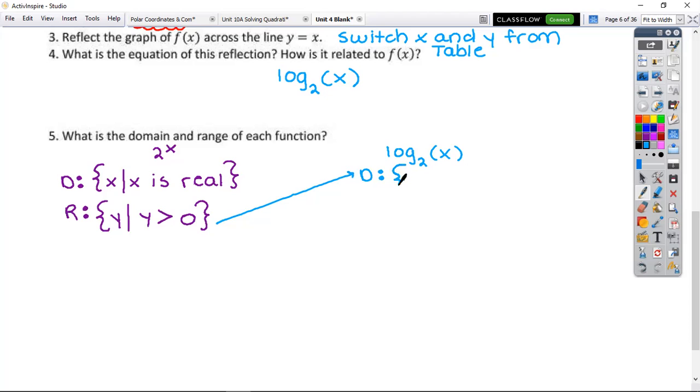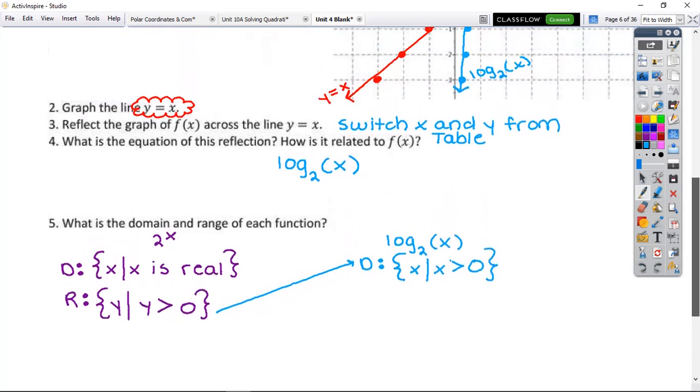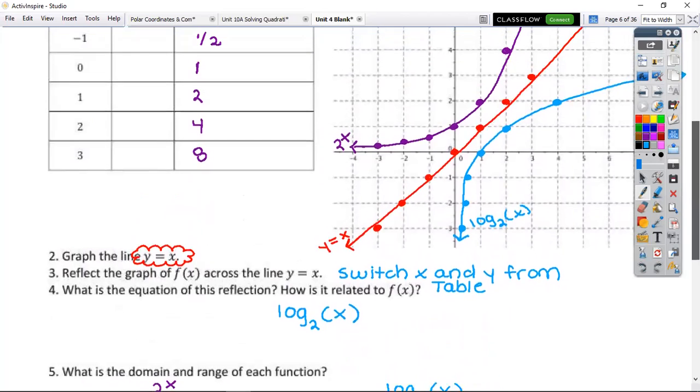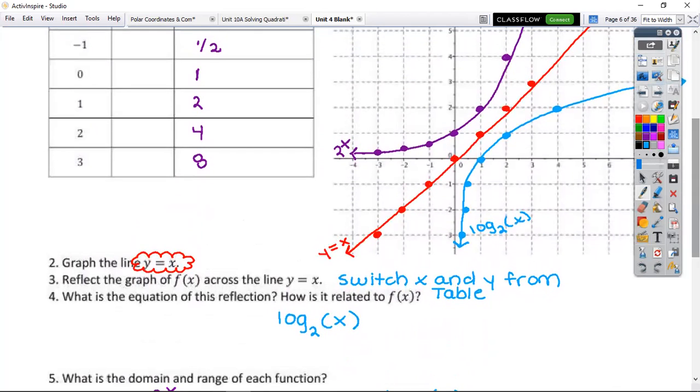And then we will confirm that on the graph. So my domain should be that x is always greater than 0. So let's go up and verify that. So go up and look. Is that true, guys? Is x always bigger than 0? Yes. Do you remember the questions where you had to check? I told you x had to be bigger than 0. This is why.